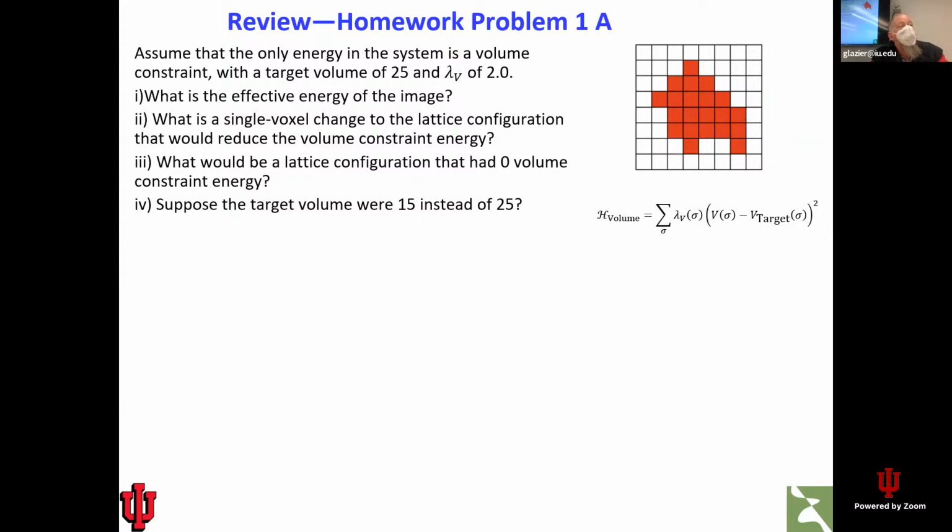Now the second question is, what is a single voxel change to the lattice configuration that would reduce the volume constraint energy? Does anybody have a proposition? What could I do to this pattern that would make the energy smaller? I'll give you a hint. Is the actual volume less than or bigger than the target volume?